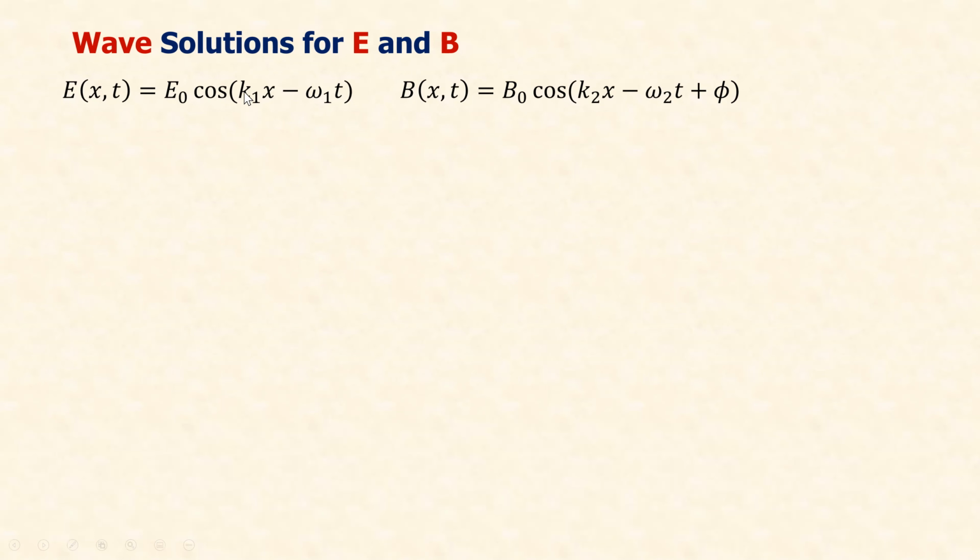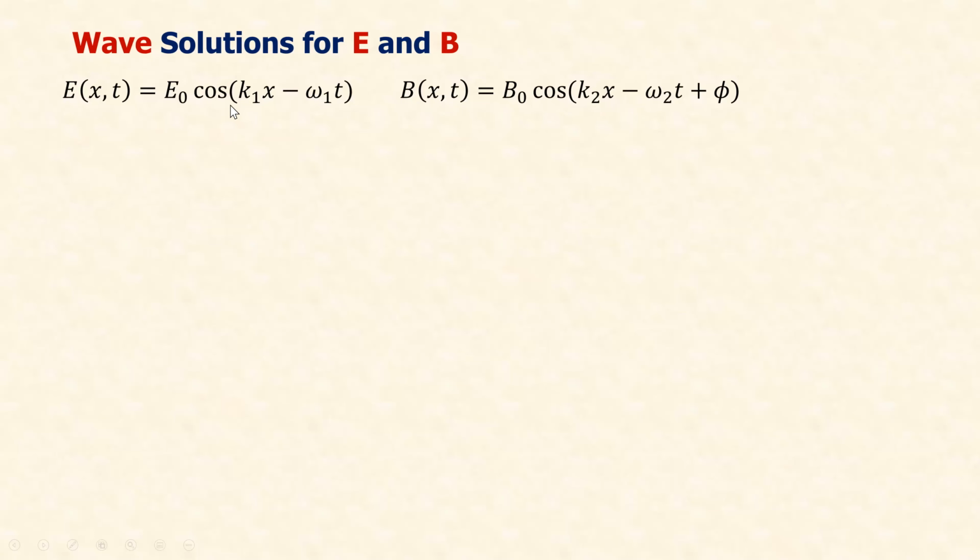Remember, K was 2 pi over lambda, and omega was 2 pi over T or 2 pi F. This omega is angular frequency. This relates to wavelength. So, so far, there's no reason for these solutions to have the same K and the same omega.